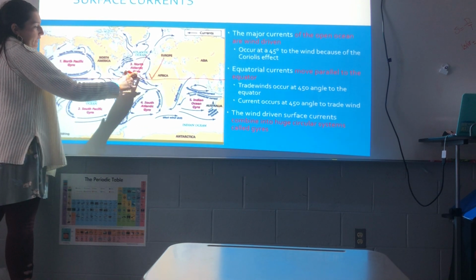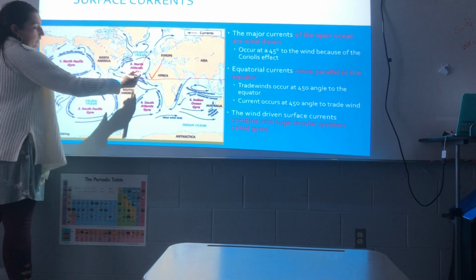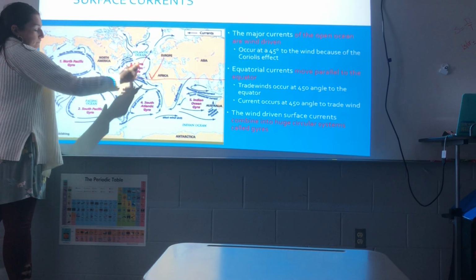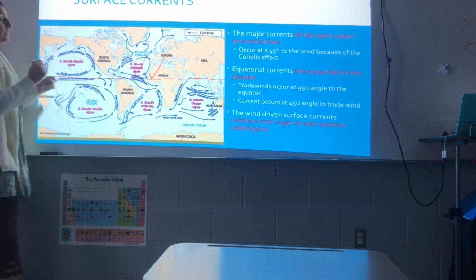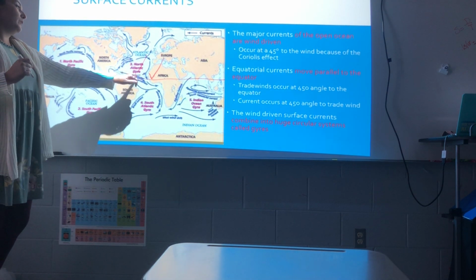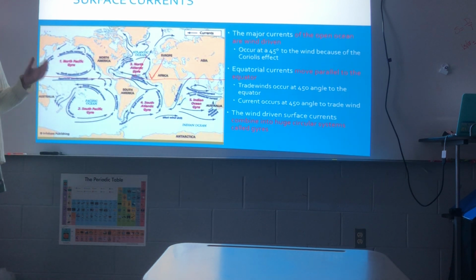It moves the water, and the water is going to move. Remember, we've got this Coriolis effect that's pulling us along. So that water is going to move at another 45 degrees to this 45 degrees, 90 degrees total from the point of input to the point of exit.